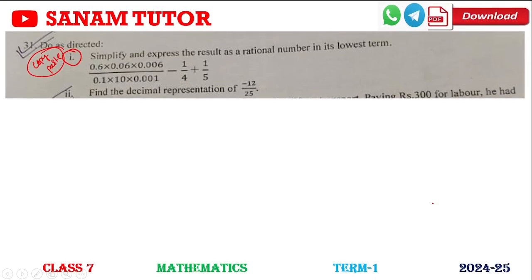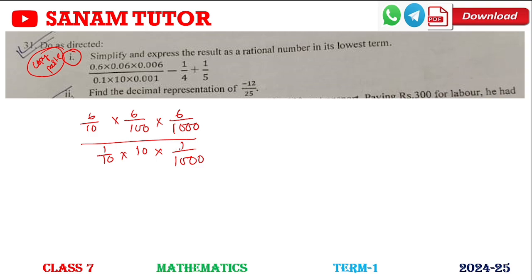These questions are direct, copy-paste questions. So how to solve? We can write 6 by 10, because after the decimal there is 1 digit, so 6 by 10 into 6 by 100 into 6 by 1000, by 1 by 10, 10 into 1 by 1000. So cancel, the zeros cancel.